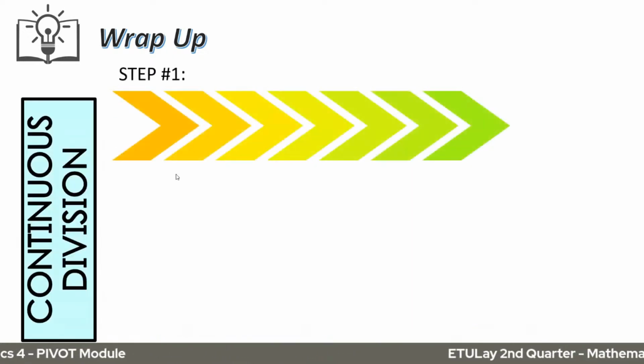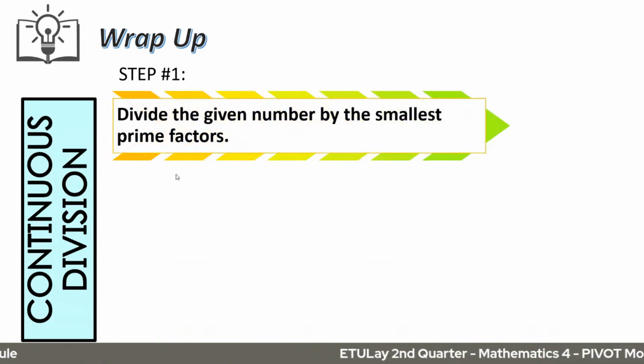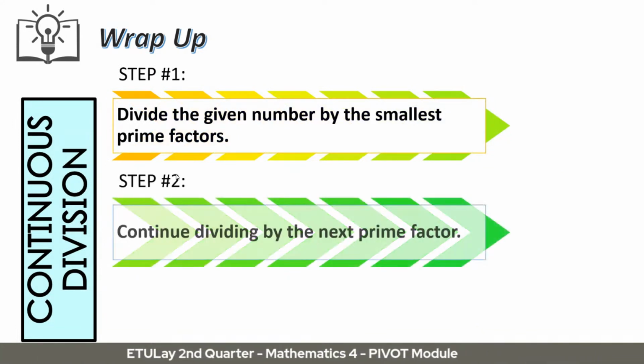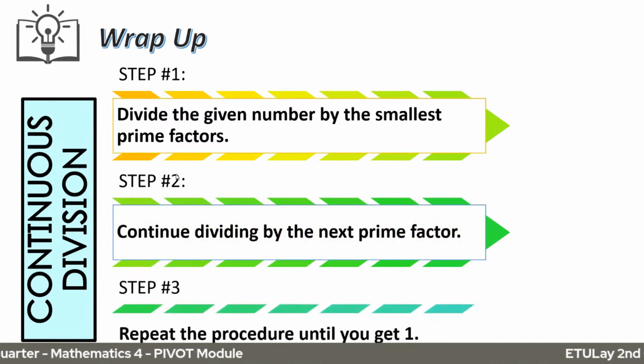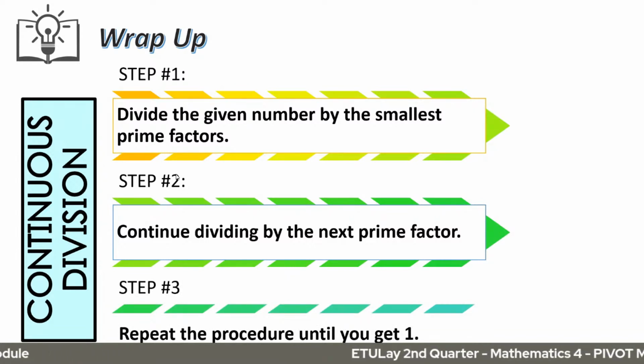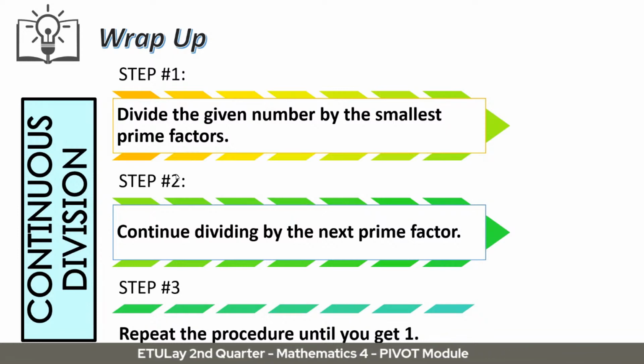We also have continuous division or the listing na iba. Divide the given numbers by the smallest prime factors. Continue dividing by the next prime factor, and repeat the procedure until you get 1. So, sa continuous division method, dapat yung pinaka-last number is 1.